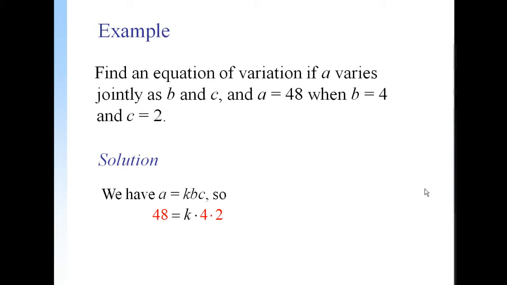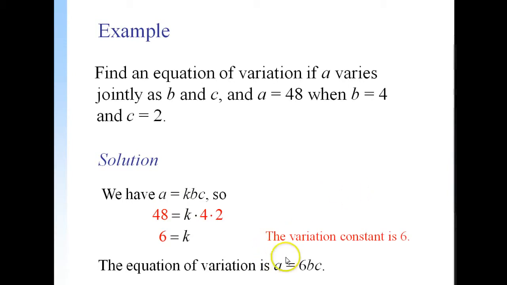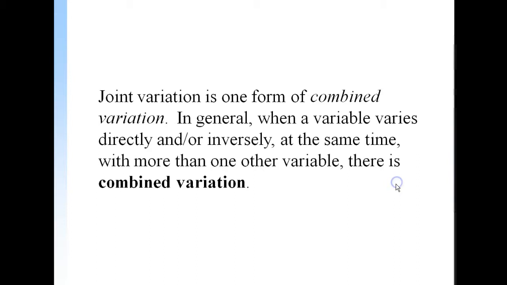So that's what we set up. They changed the letters a little bit. K is 6. So there is our equation of variation. Remember, this is joint now because there's 2 letters here instead of just 1.